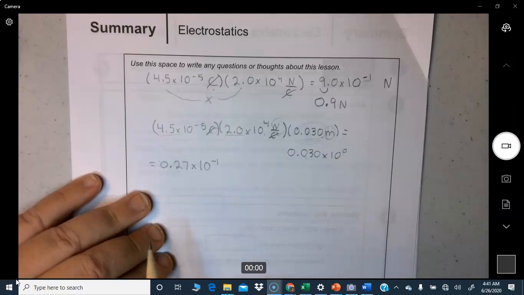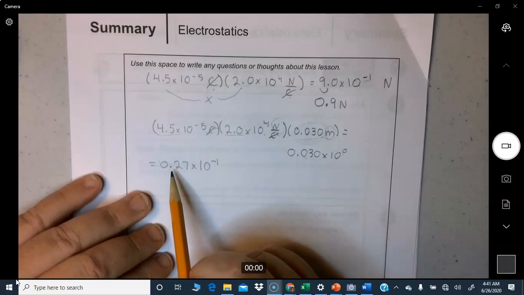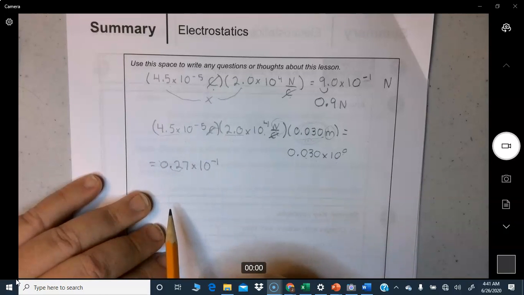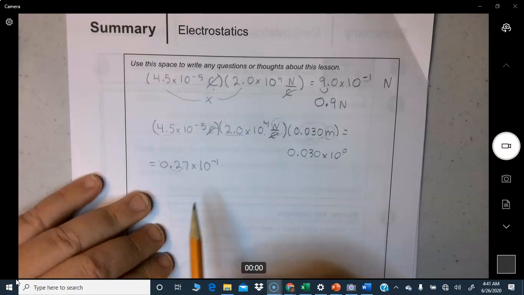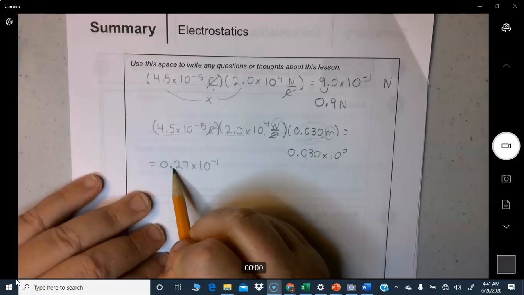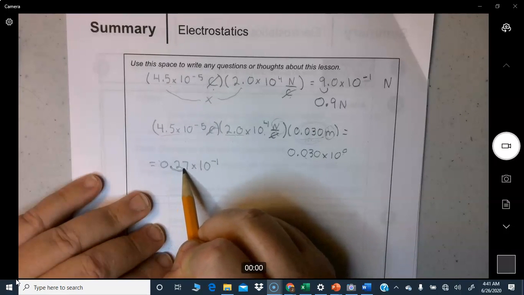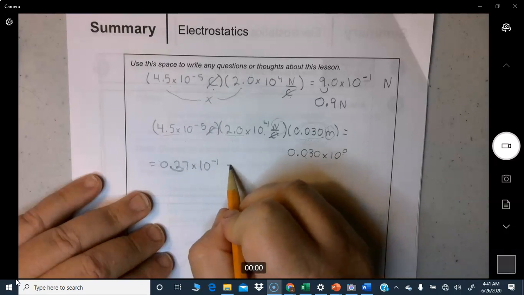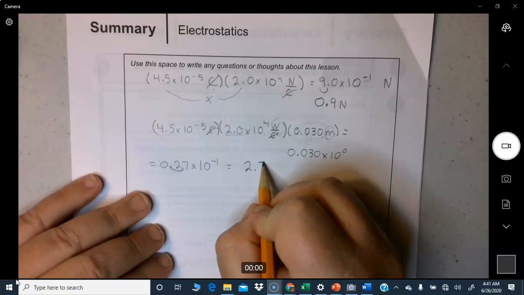So you can leave the answer like this. Well, you can't really. You'd have to move this over to there, make that number bigger, make this number smaller. But the way they presented the answer, well, let me show you that. If you wanted to leave this in scientific notation, you may have to make this a number between 1 and 10. So that's going to equal 2.7.